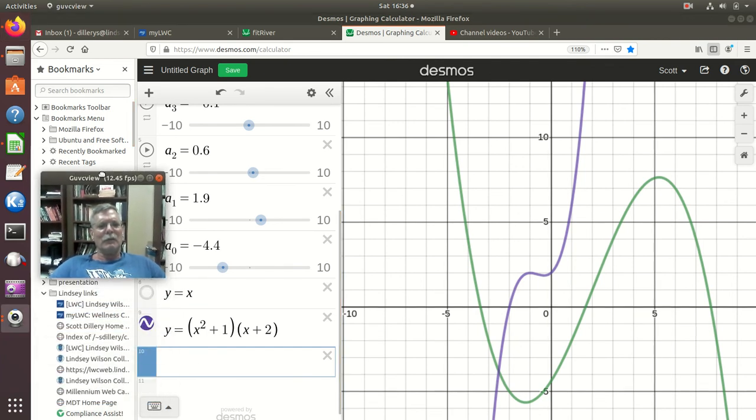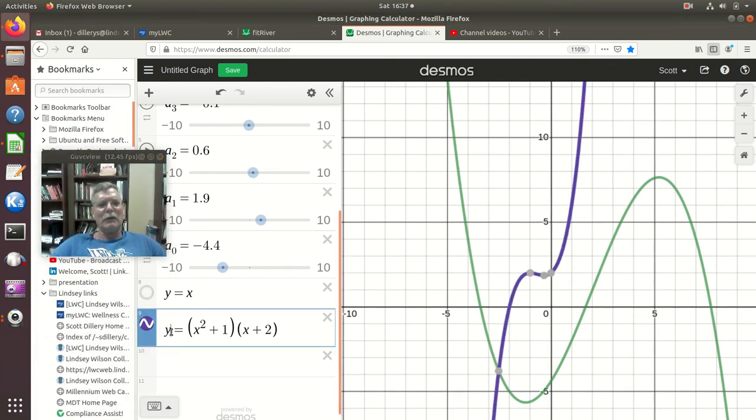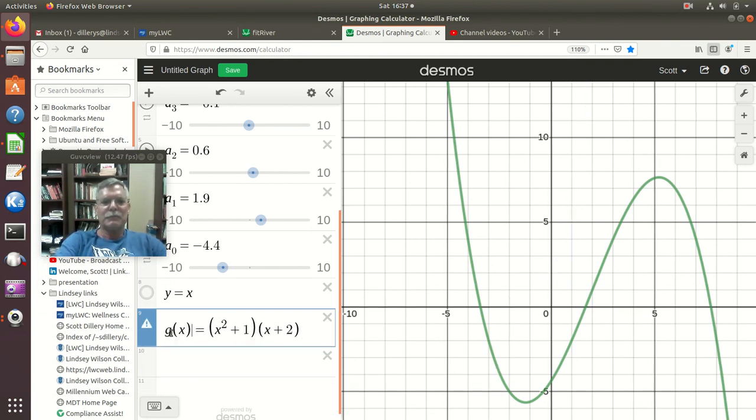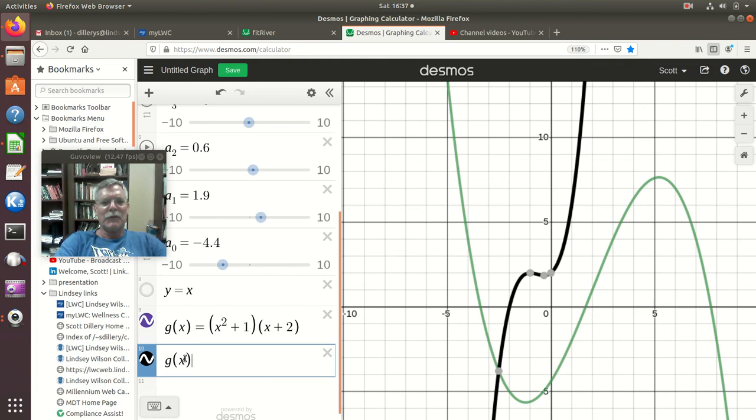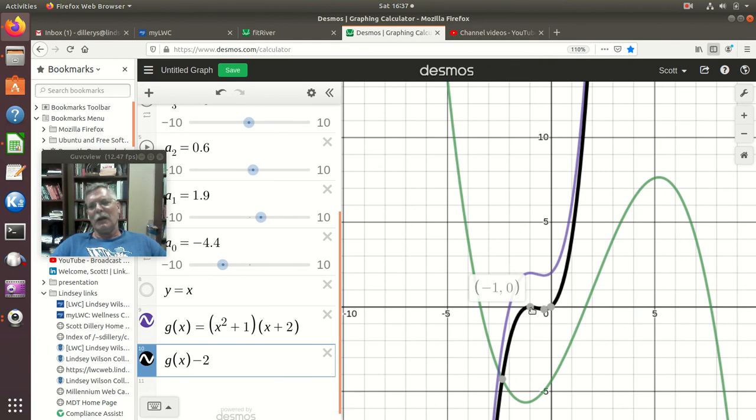So again, let me show that. I have to write this as like a g of x. And now if here I do g of x minus 2, then you see I have the 0 there and the 0 there.